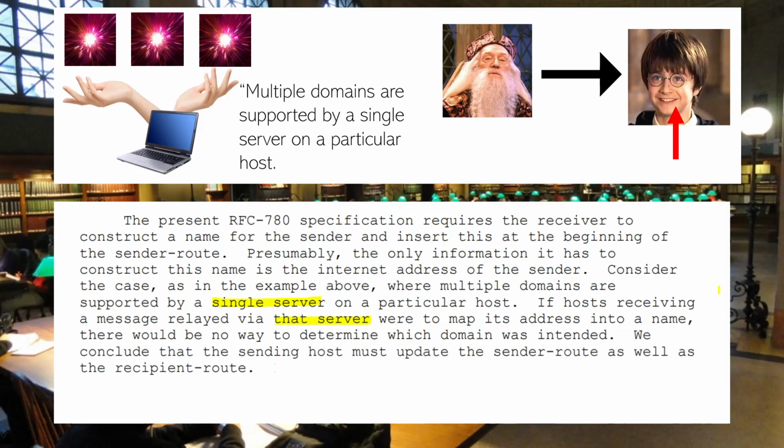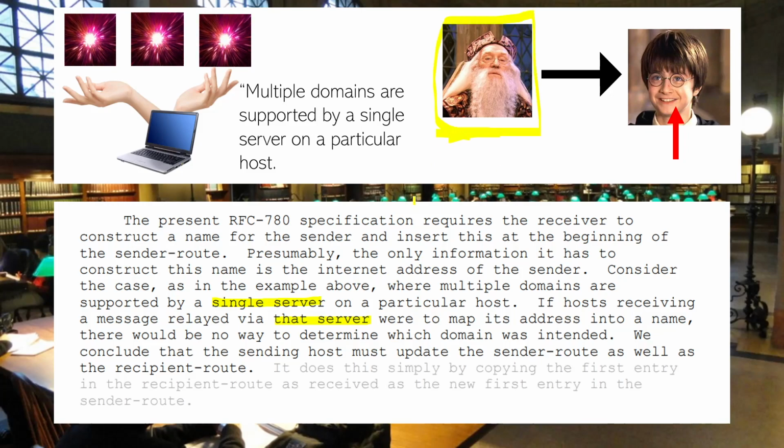We conclude that the sending host must update the sender root as well as the recipient root. So you have got to do things, the sender. And it does this simply by copying the first entry in the recipient root as received as the new first entry in the sender root.